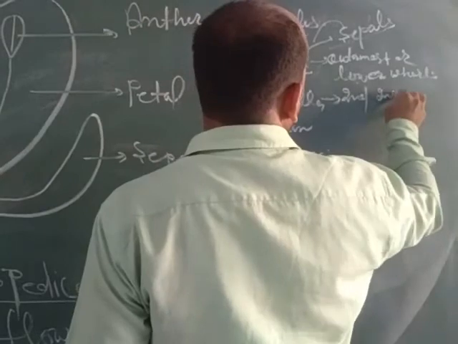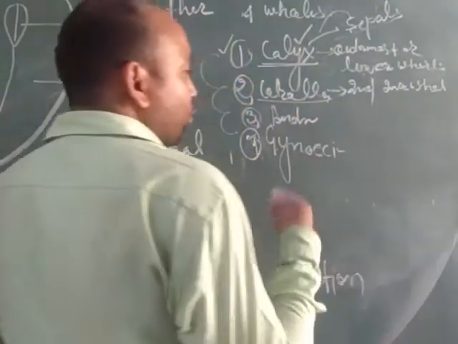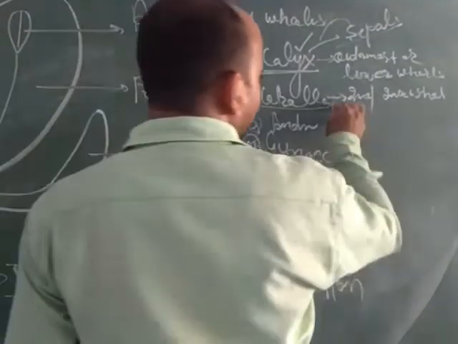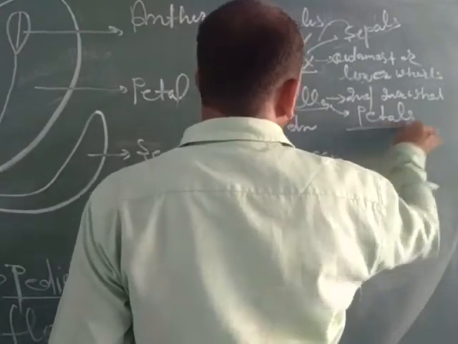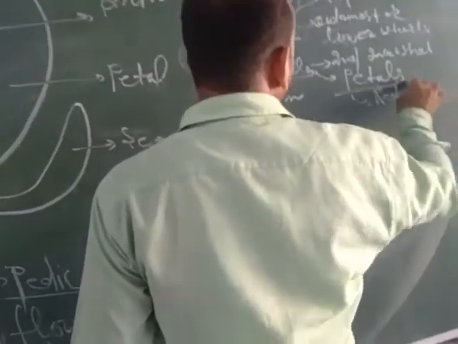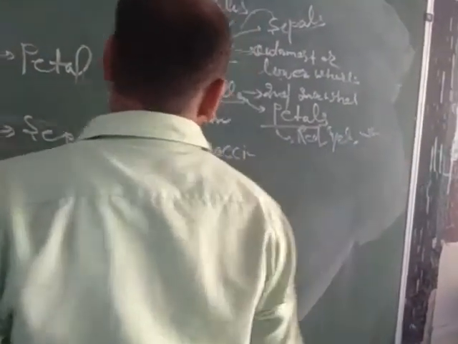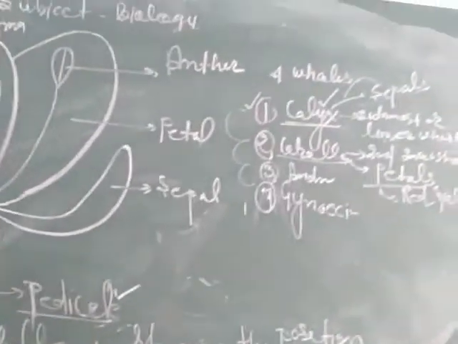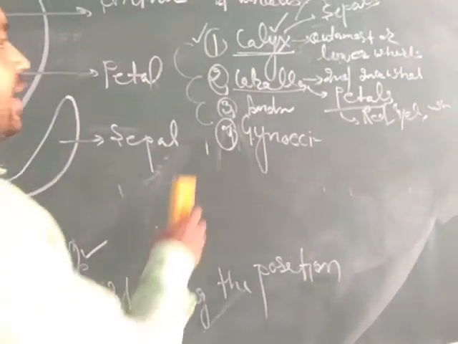Now the second, inner whorl of the flower is the corolla. It is a collection of petals, of different colors like red, yellow, white, orange. Corolla is the attractive part of the flower.